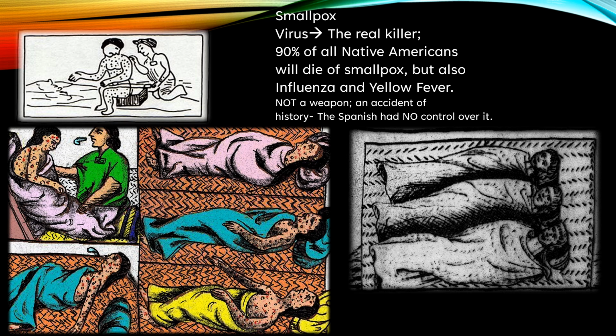Continue on with strong notes now. In North America, the epidemiology is different. Instead, it arrives in waves. In other words, the Europeans will be on the East Coast. 90% of all those Native Americans on the East Coast, they'll die of disease. Then the Europeans, the English primarily, but Germans and others as well, will get to the Appalachians. Then 90% of all the Native Americans in the Appalachians will get wiped out by disease.